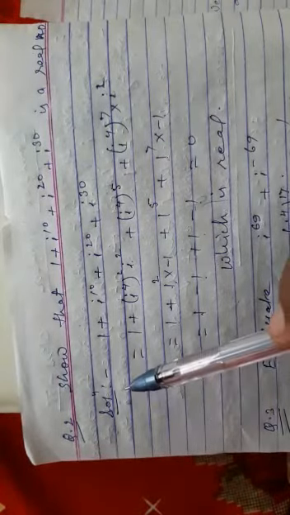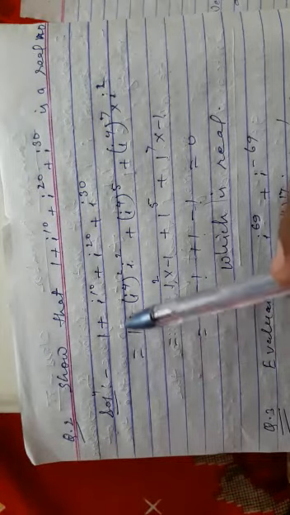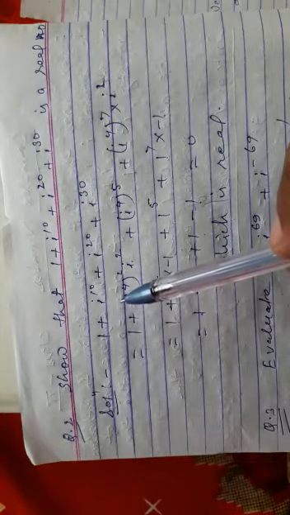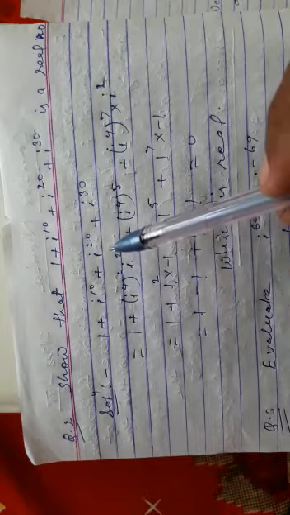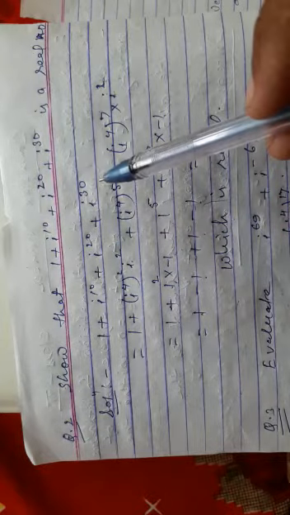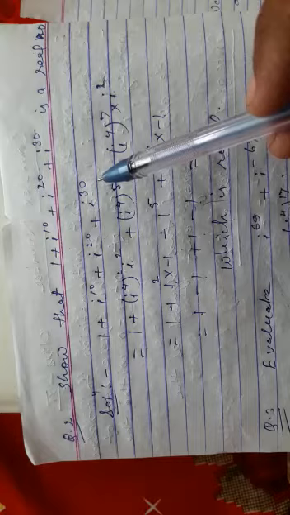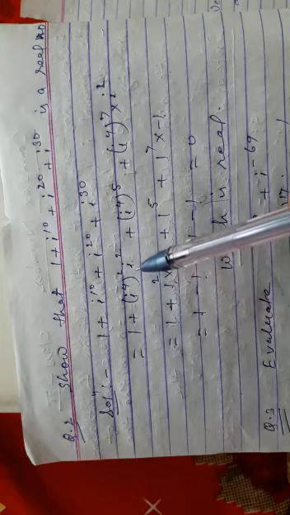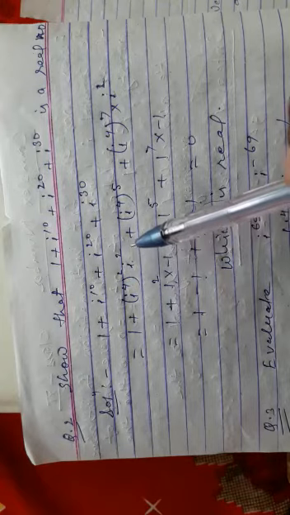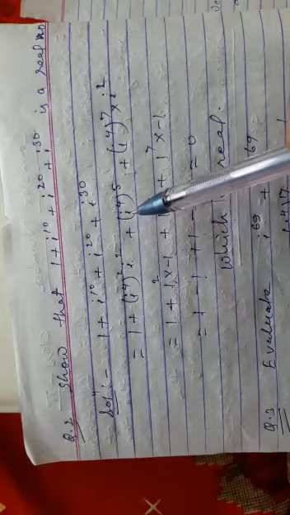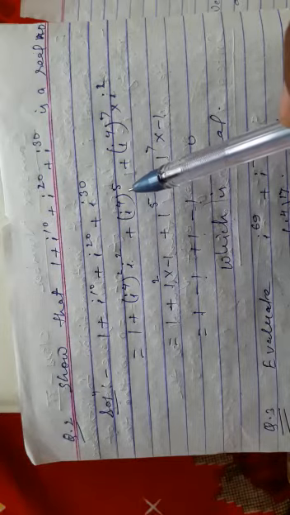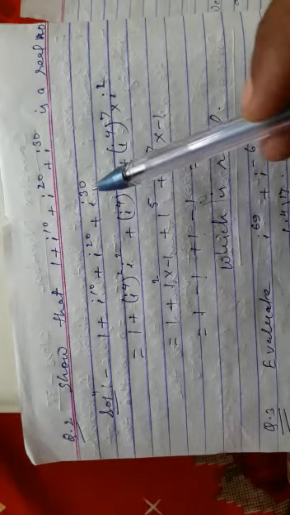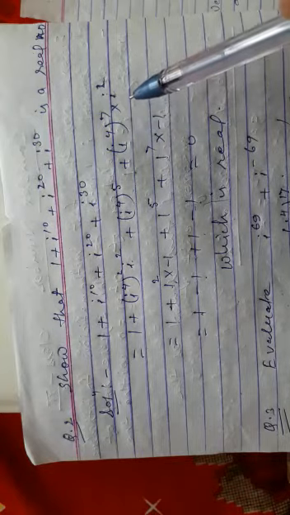Solution. 1 plus i to the power 10 plus i to the power 20 plus i to the power 30 is equal to 1 plus, i to the power 10 is written as i to the power 4 whole square into i square. i to the power 20 is written as i to the power 4 whole to the power 5. i to the power 30 is written as i to the power 4 whole to the power 7 into i square.